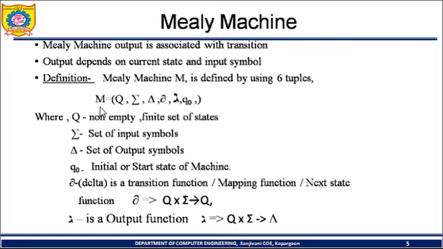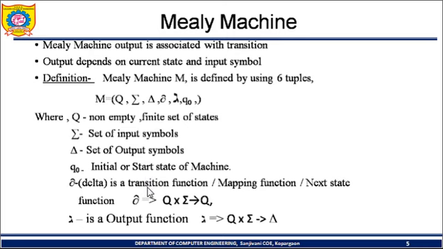Let us consider capital M is equal to capital Q, summation, delta (the triangle), lambda, Q0. What is the meaning of all these tuple elements? Capital Q is the finite non-empty set of states. Summation is the set of input symbols. This delta triangle indicates the set of output symbols. Q0 is the initial or start state of the machine.